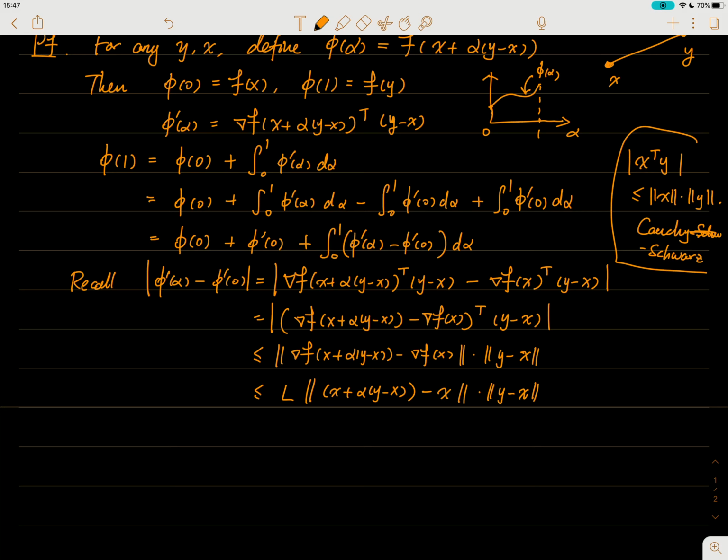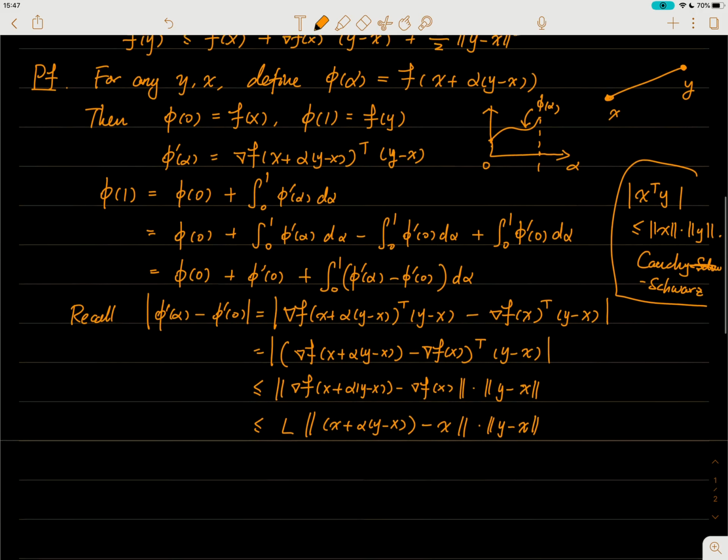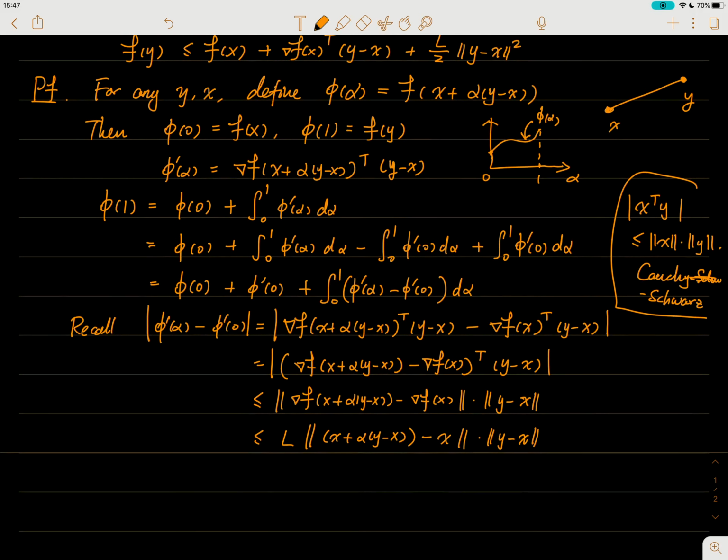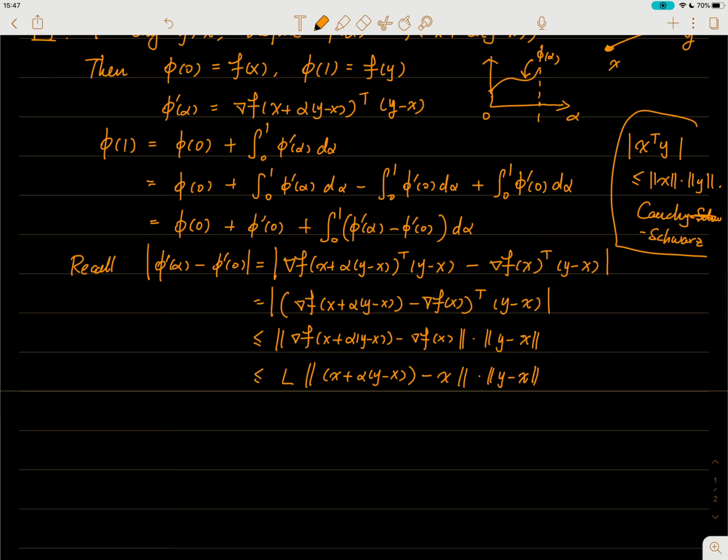Alpha is not just a scalar, it's actually a positive scalar, because alpha here is between 0 and 1. So this is actually equal to L times alpha times the norm of y minus x.